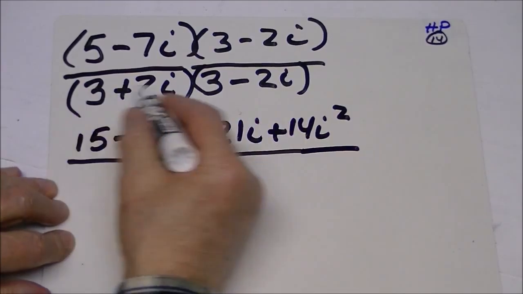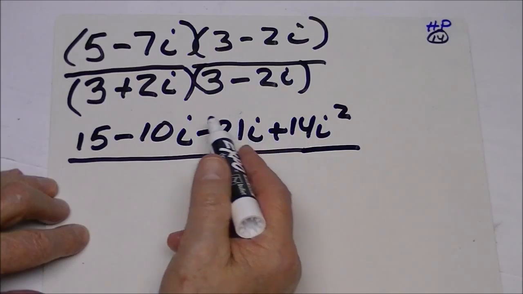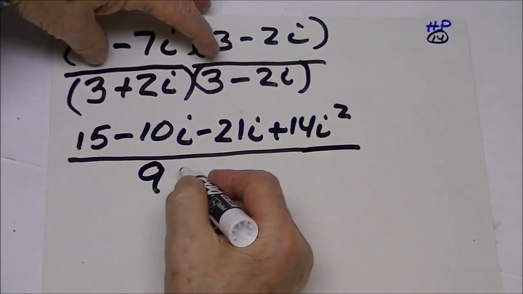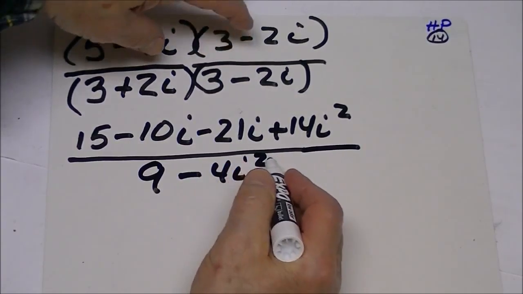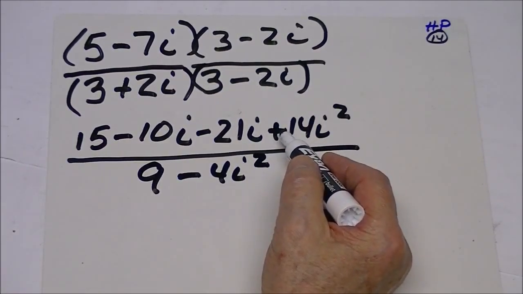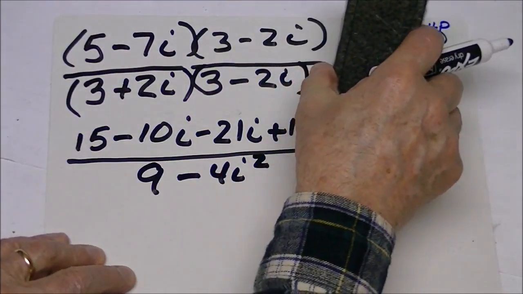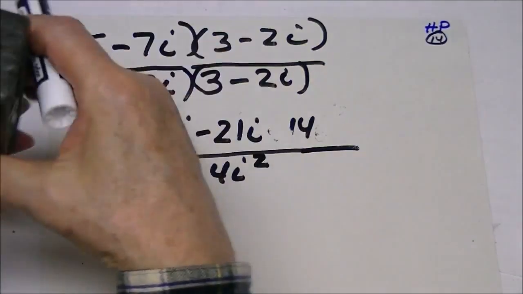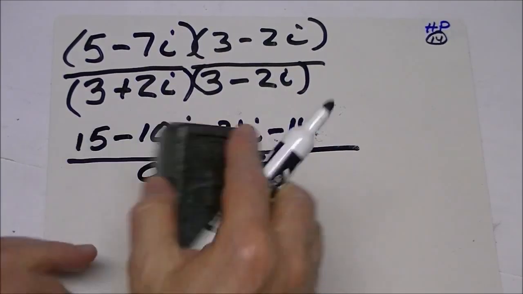And our denominator, since we're just going to FOIL, and since they're conjugates, there are no middle terms, our first is a 9, and our last is a negative 4i squared. So we have an i squared here, which will make this a negative, and this will become a positive.